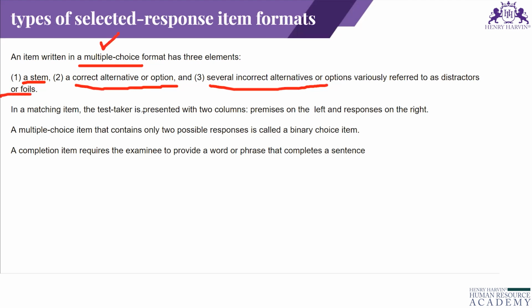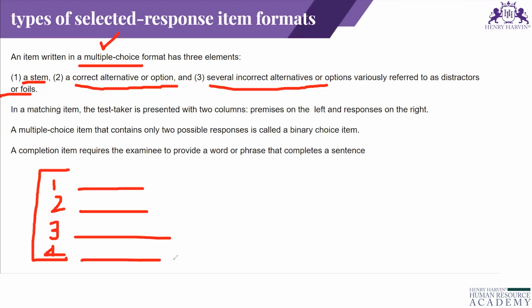Multiple choice means there are many options, 1, 2, 3, 4, and you have to choose one. One will be the correct option, let's say 3 is the correct one, and then there will be some distractors, some similar to the right one.